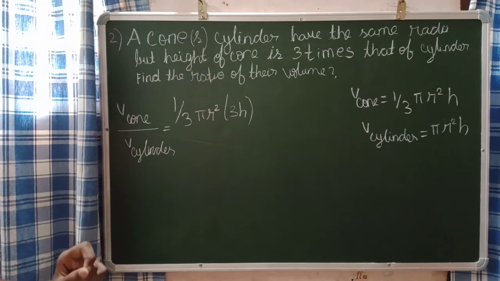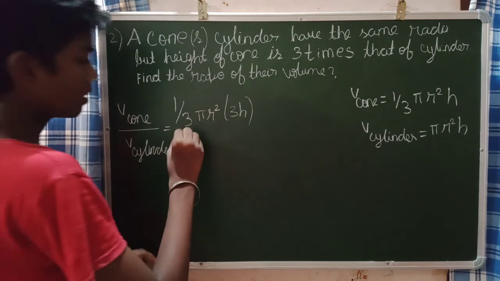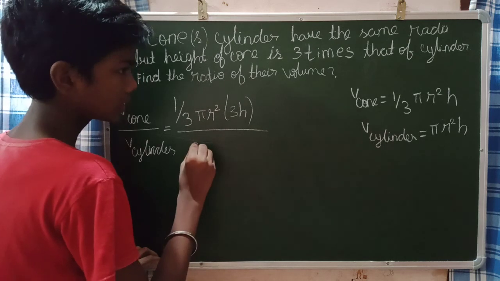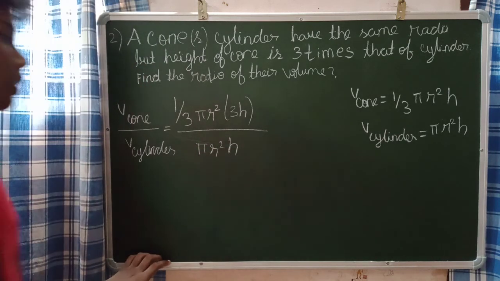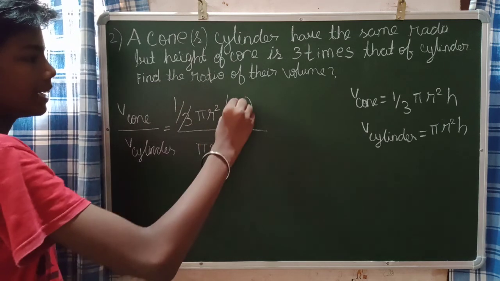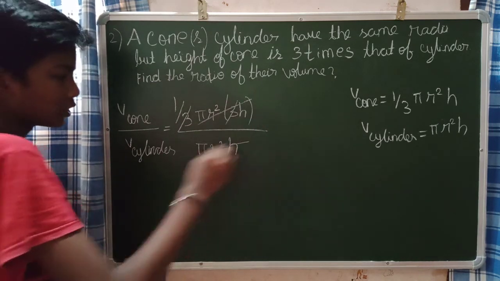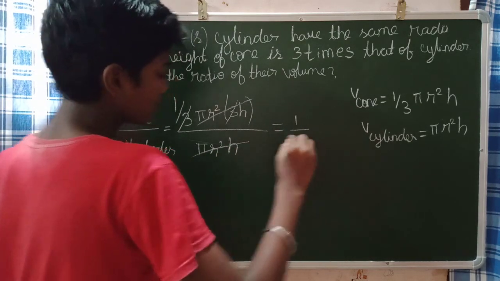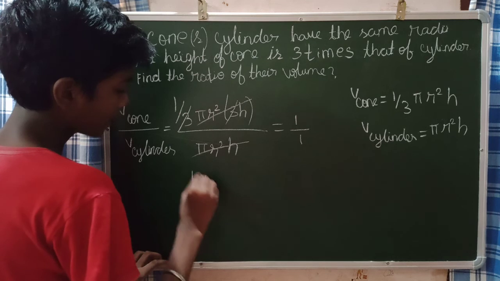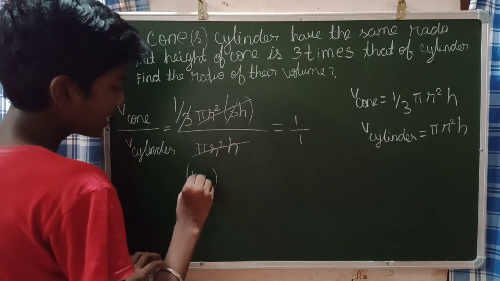And for the cylinder, it is pi r square into h. Now guys, I can cancel this 3 and the 3, so directly I will cancel these values. So their ratio is 1 by 1, that is 1 is to 1, and that's the answer for this question. It's a very easy question, guys.